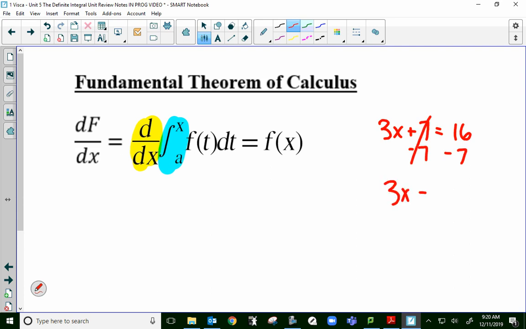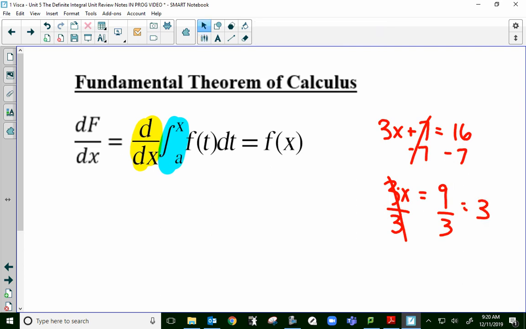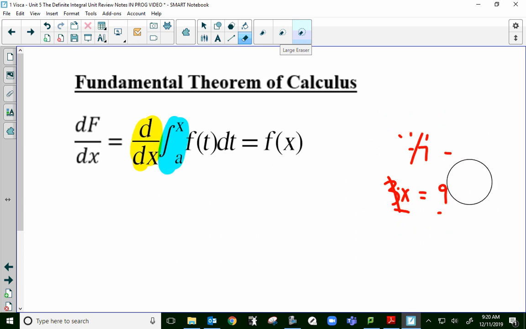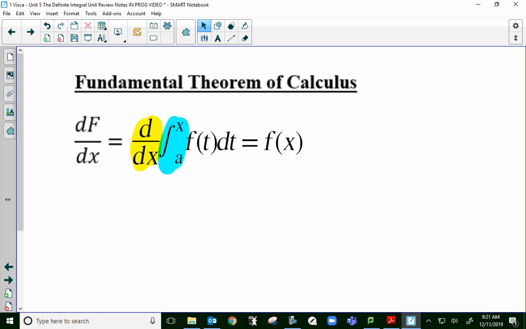I have 3x equals 9. To get rid of the 3, I divide because I'm currently multiplying, so I use the opposite math. So x is 3, that's your answer. But ultimately, integrals and derivatives we can kind of view as opposite math.